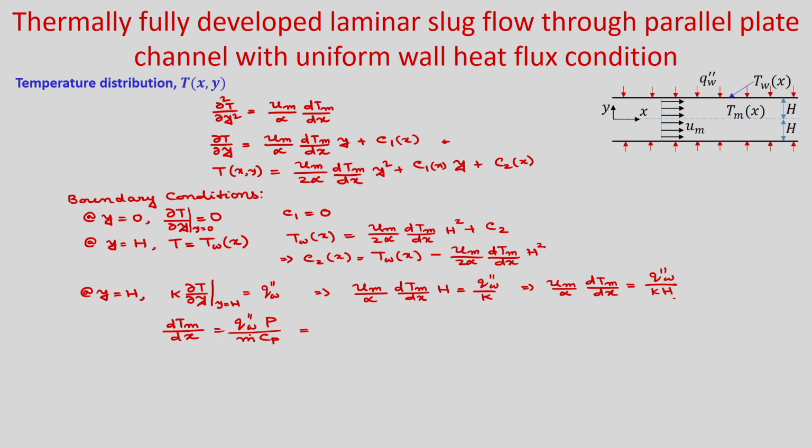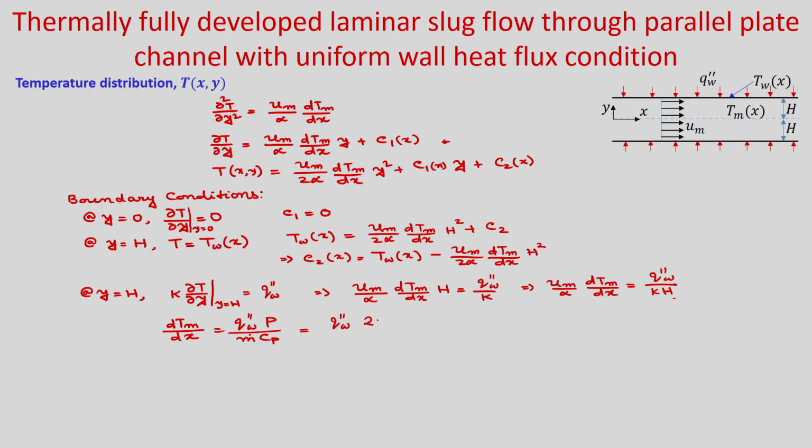Per unit width, if W is the width, on the upper wall it is W, bottom wall it is W, then 2W, or per unit width 2 into 1. And what is the flow area? Flow area, the distance between two parallel plates is 2h, so 2h into W, or per unit width it will be 2h. So, you can write q″_w.